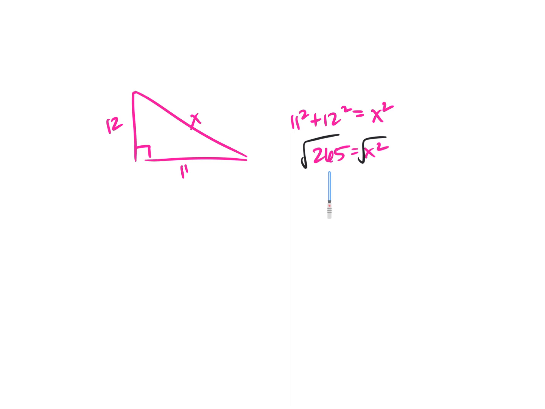Yeah. 53, yeah, prime number. Can't do anything with them. You're done. This value is just the square root of 265. Good call, good call, good call. Great. Okay, let's try this guy. That's an A.